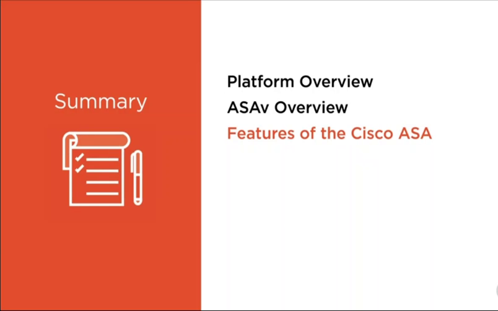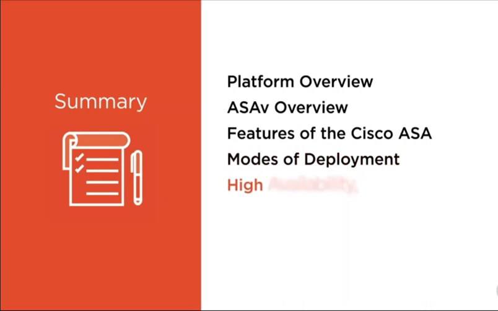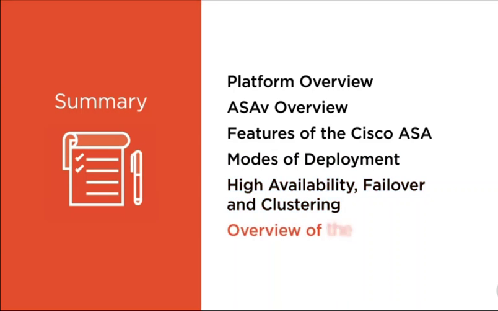We discussed the routed and transparent modes as well as single and multiple context mode and gave some illustration of that. We also discussed high availability, failover and clustering and discussed how those function individually. We did a little bit of an overview of the CLI.